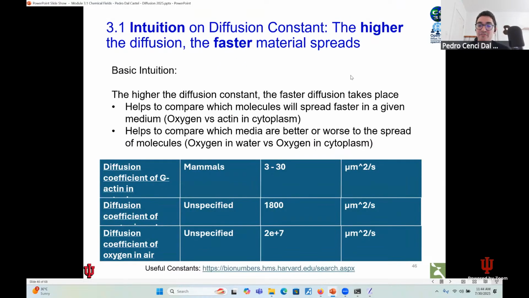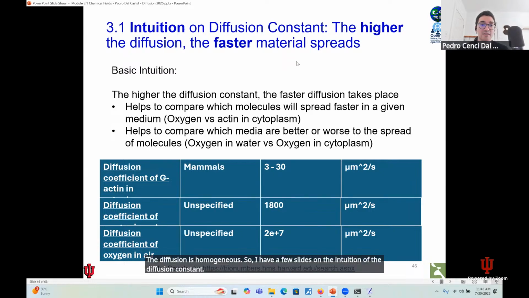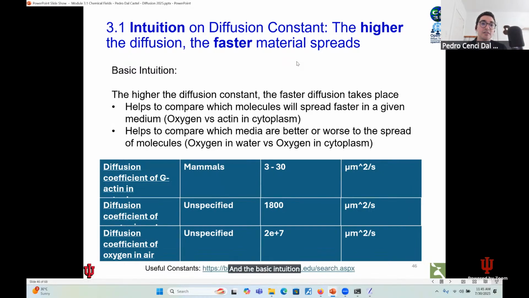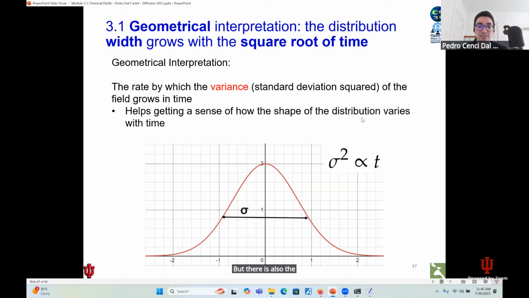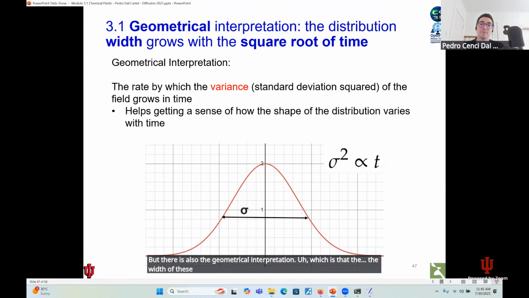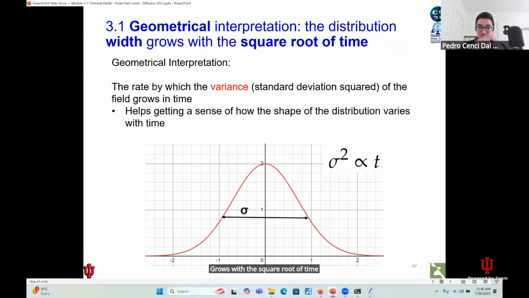So I have a few slides on the intuition of the diffusion constant. And the basic intuition is that the higher the diffusion constant, the faster materials spread. But there is also the geometrical interpretation, which is that the width of this field profile grows with the square root of time, or the variance of this distribution.